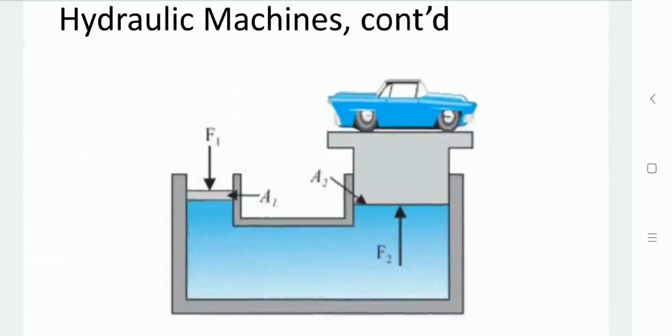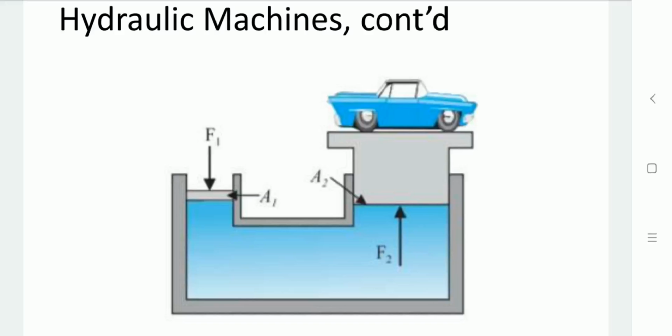Here, in this diagram, as you can see, is the hydraulic lift, where 2 pistons are separated by a space which is filled with liquid. Here, it works on the principle of transmitting pressure.